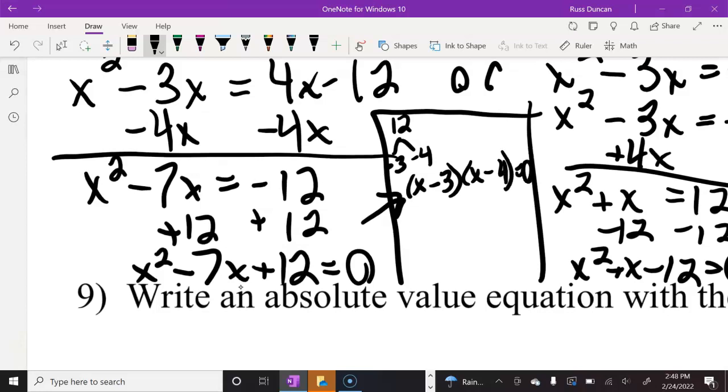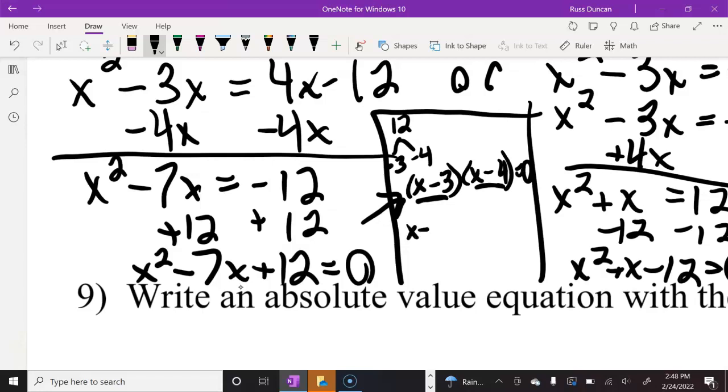Now I'm dropping a lot on you right now. We'll cover this more later. But some of you can handle this, and you'll be okay right now. But here's the deal. When I factor something, I'm saying this times this gives me that last number. x minus 3 times x minus 4 equals 0. Well, in order for something times something to equal 0, one of them has to be 0.